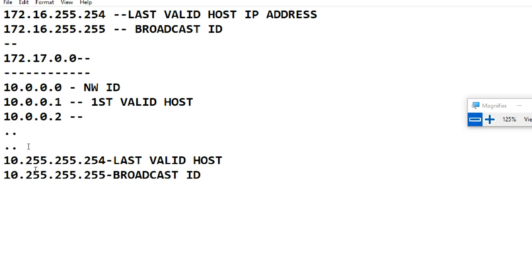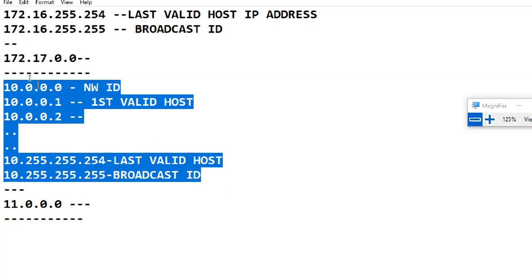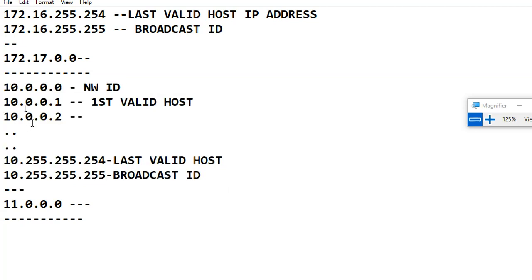So this is one network. If you go to the next one, it becomes a different network ID.